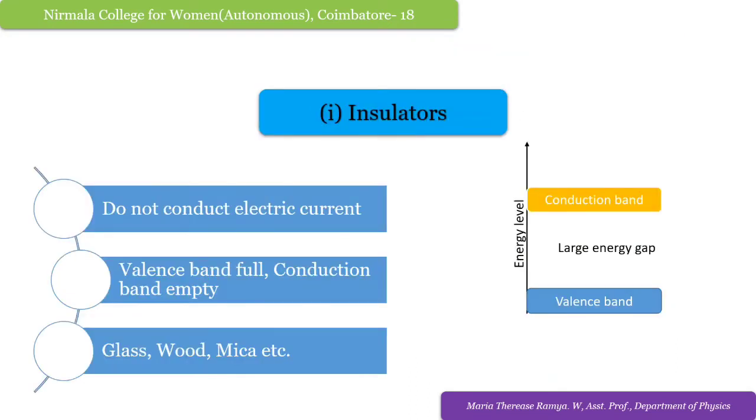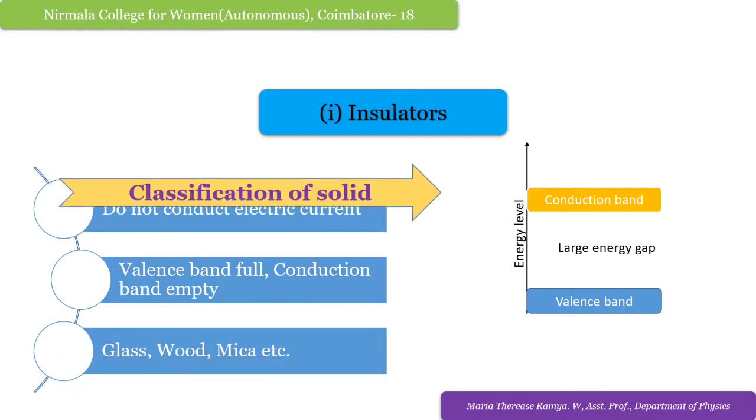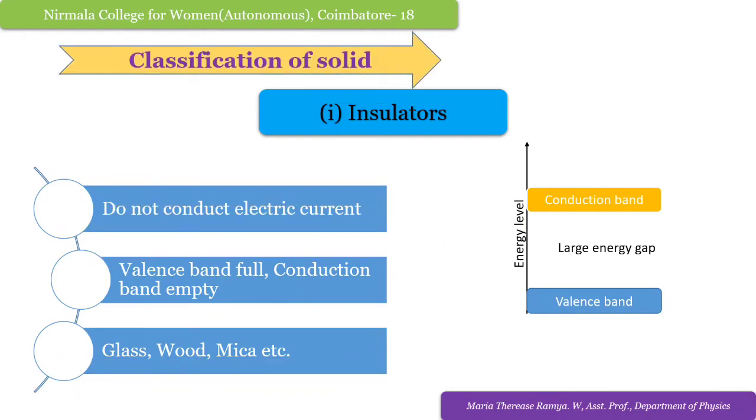And next comes the classification of solids. Solids are basically classified into insulators, conductors, and semiconductors. First and foremost, we are going to see what an insulator is. In insulators, the forbidden energy gap is very large. That is, the distance between the valence band and the conduction band is more.